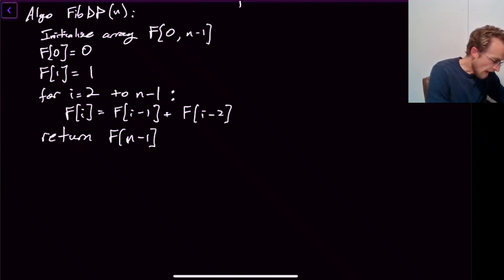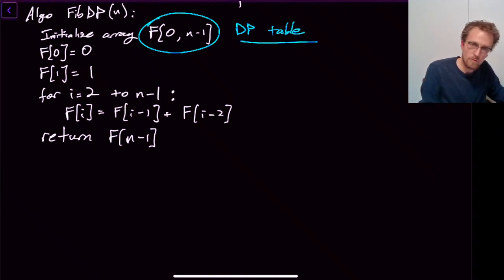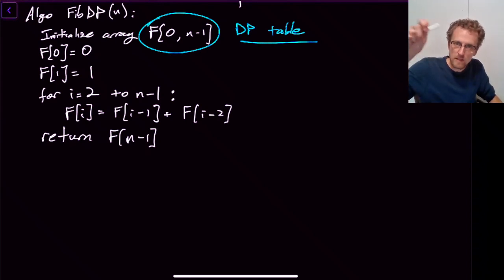Okay, and so this f is something that I'll often call a DP table. So this is my DP table. In the routing algorithm that I did last time, the DP table was represented by writing the optimal cost to go on each of the nodes.